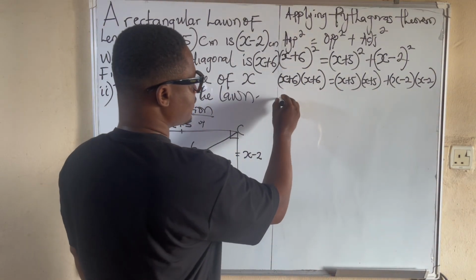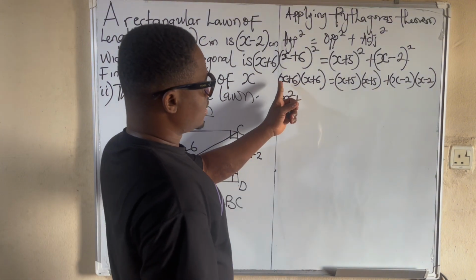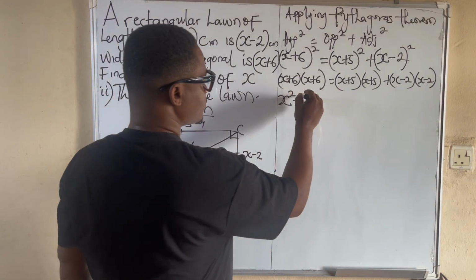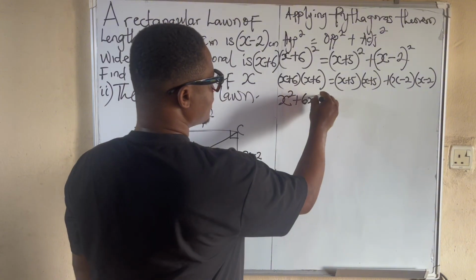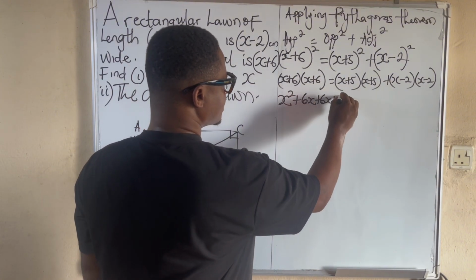x times x will give us x squared, plus x times 6 will give us 6x, plus 6 times x will give us 6x, plus 6 times 6 will give us 36.